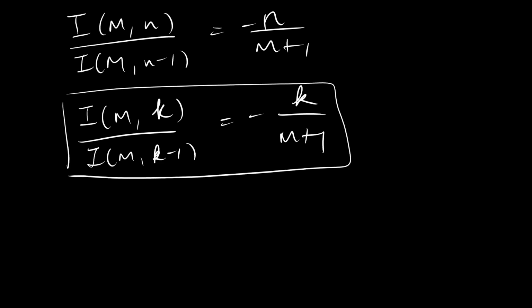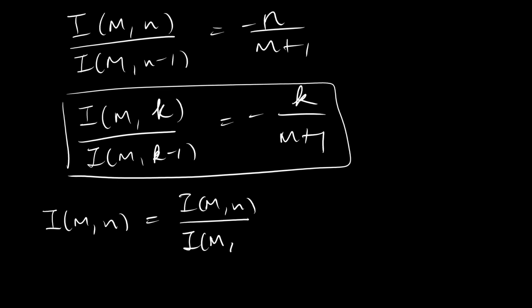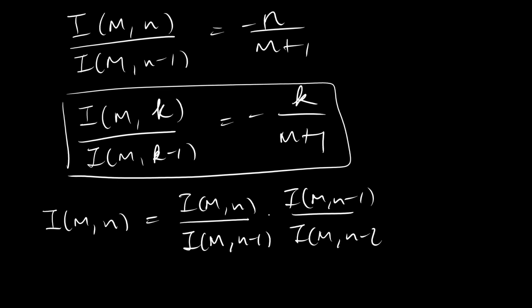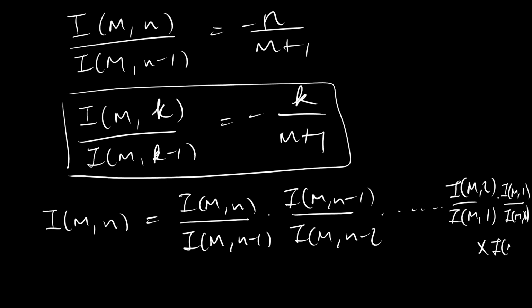So what does that mean? It means that if our I_{m,n} equals I_{m,n} over I_{m,n-1} times I_{m,n-1} over I_{m,n-2} all the way up to I_{m,2} over I_{m,1} times I_{m,1} over I_{m,0} times I_{m,0}.